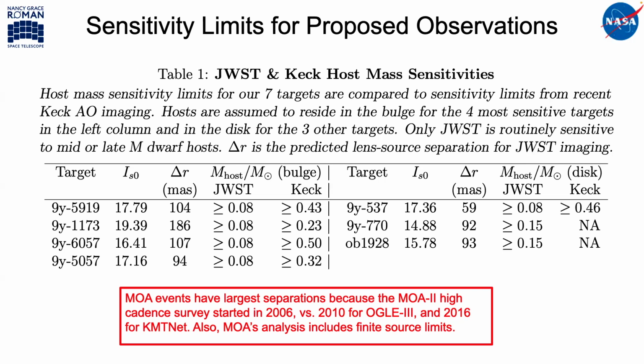It's also an unrecognized advantage of the poor seeing at the MOA site, because they could get this large field of view with much bigger pixels. So MOA got a much bigger field of view than OGLE 3, even though they didn't have more pixels on the detector, because they could make the pixels larger on the sky.